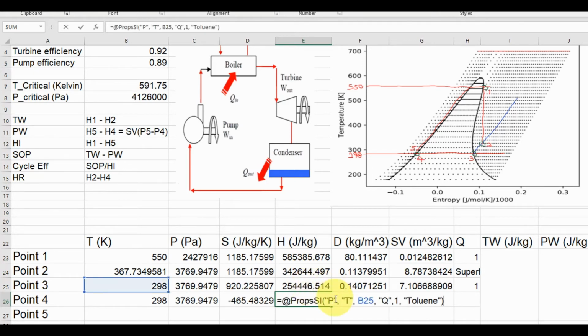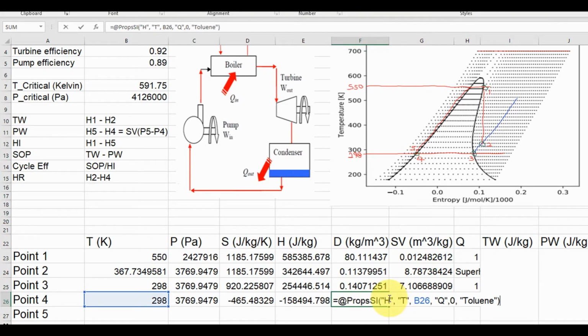So I do the same thing here, and I put enthalpy, and my temperature at this point will be T26, and the quality of the fluid is 0. So that's it. And then I can obtain the density. So I just copy this again and paste it here.